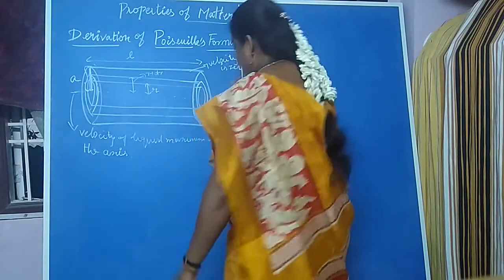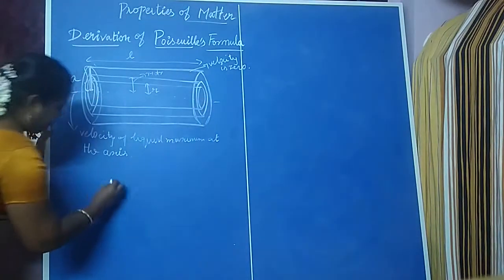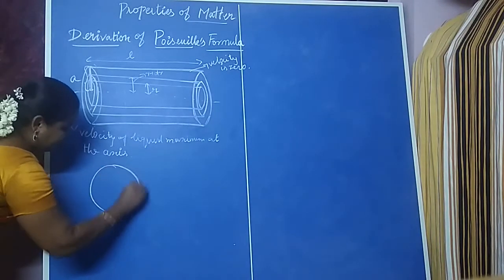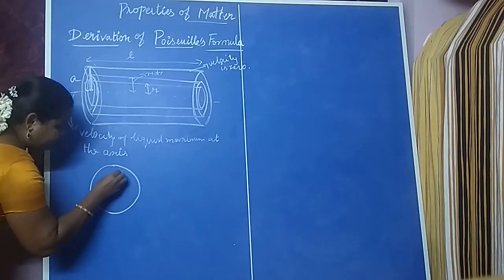First, we are considering the cylindrical shell. Here we have the cross section of the cylindrical shell.